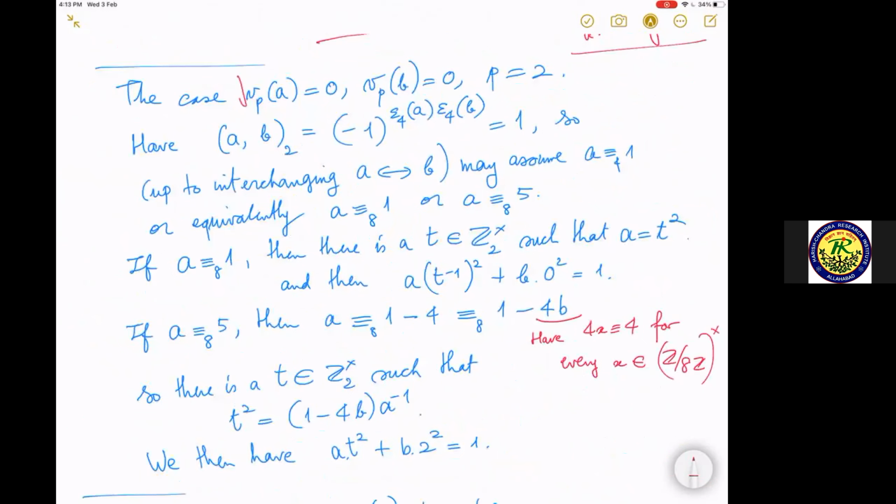What happens if both of them are units and p is equal to 2? Then the computation of the Hilbert symbol is different. It's given to be equal to 1. So that means that minus 1 to this power is equal to 1.